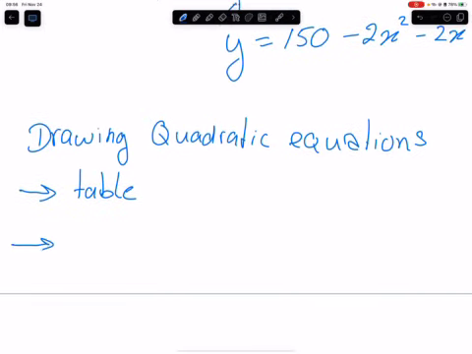So, in the following 3 minutes 40 seconds, you are going to draw the following quadratic equation.